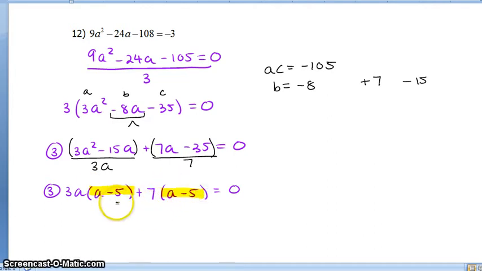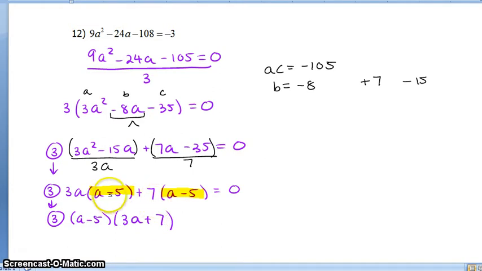Now I can take that and actually bring it out itself. So the 3 is still, we're just bringing it down, just that outside GCF. And now I'm going to have a minus 5 in one set of parentheses, and what's left over when I take out the a minus 5 is a 3a plus 7.